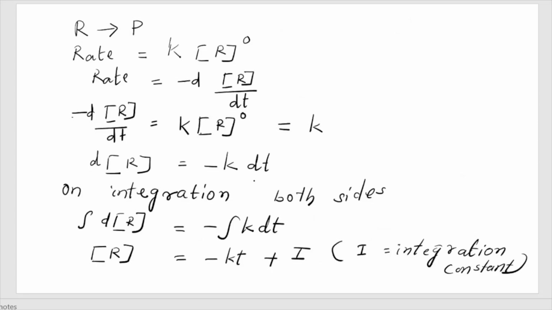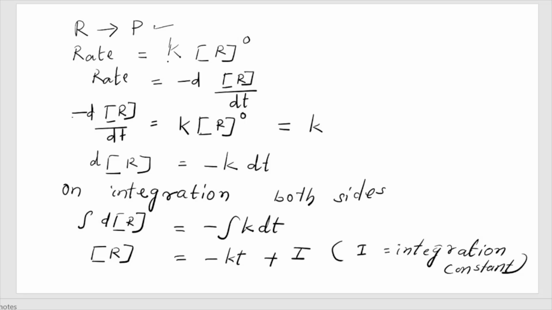How can you see the integrated value? If you say for a zero order reaction, R arrow P, that means R is the reactant, P is the product. Then what is rate? Rate equal to, I told just now, rate equal to k[R] to the power 0.